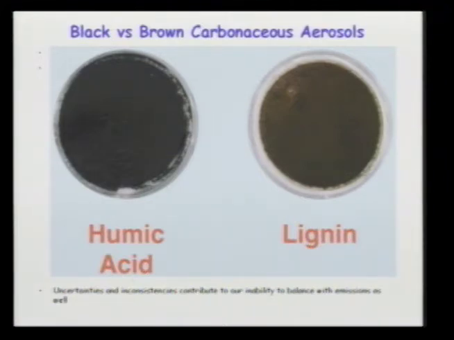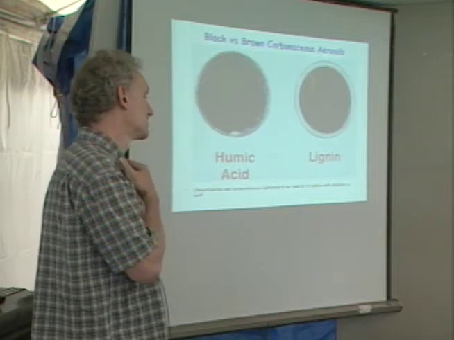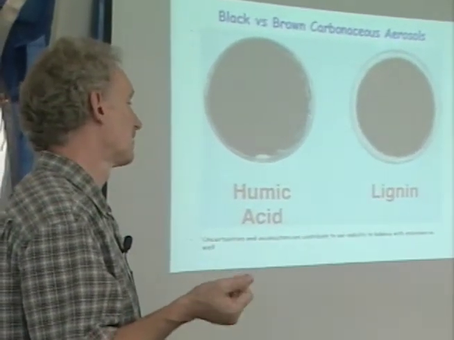So I mentioned at the start of this talk that almost all of the models that I'm aware of today have tended to categorize carbonaceous aerosols into one of two different categories.